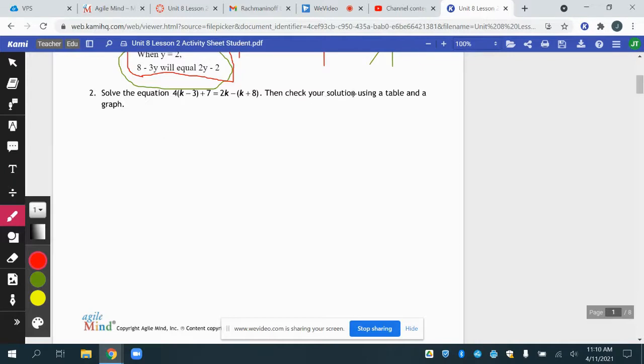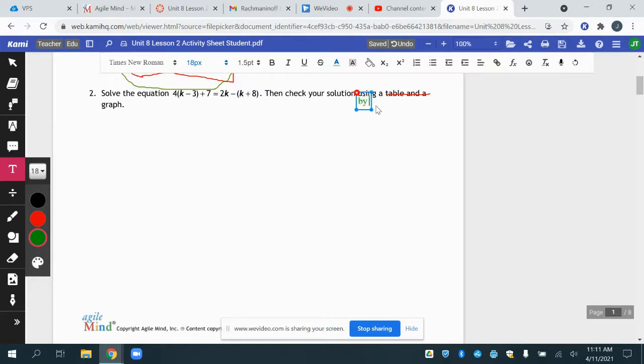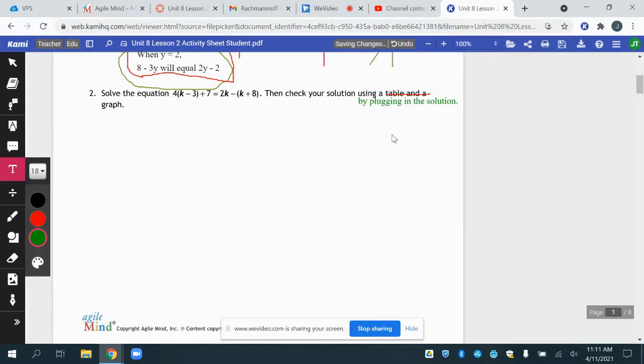We'll just check to see how it works. We're going to check using a calculator, by plugging in the solution. Why? Because that's what I would do. So we'll try that in a moment.